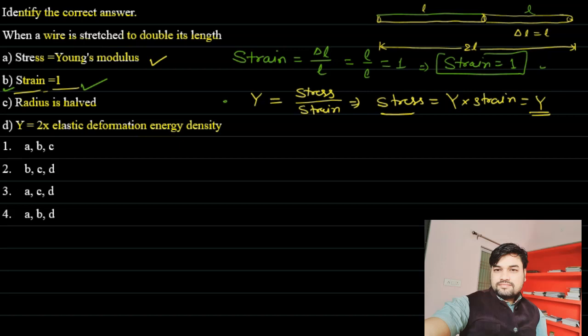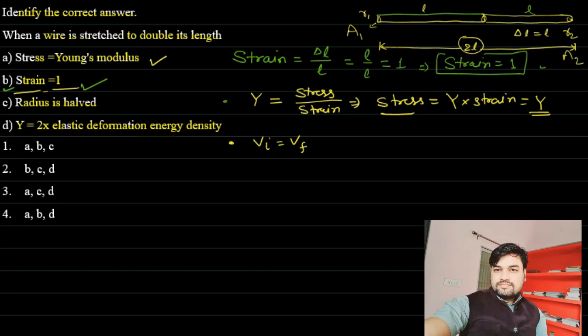Now we have to check the radius when it is stretched to length L. Initially the wire has length L and radius R1, and the final length of the wire is twice of L, and let us suppose the radius is R2. So volume does not change. So initial volume is equal to final volume. Let us suppose the area of cross section initially is A1 and afterwards is A2.